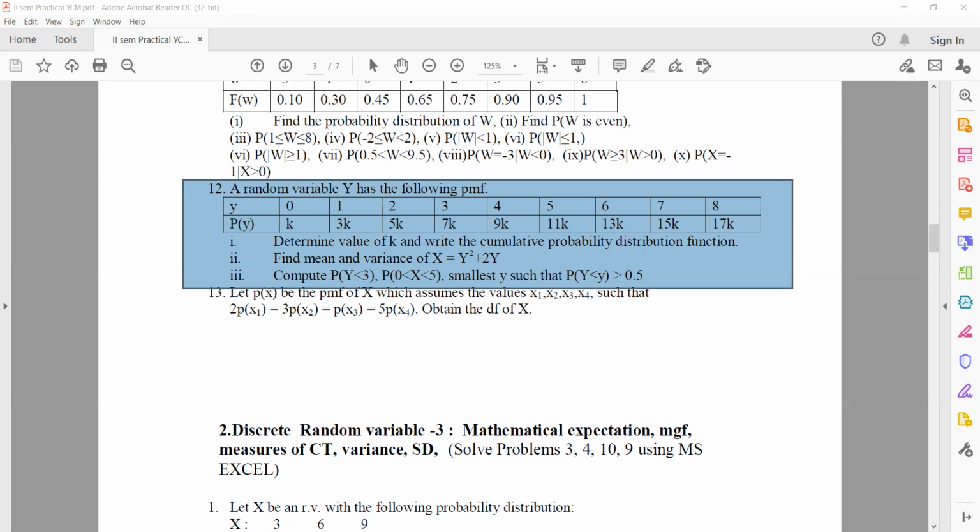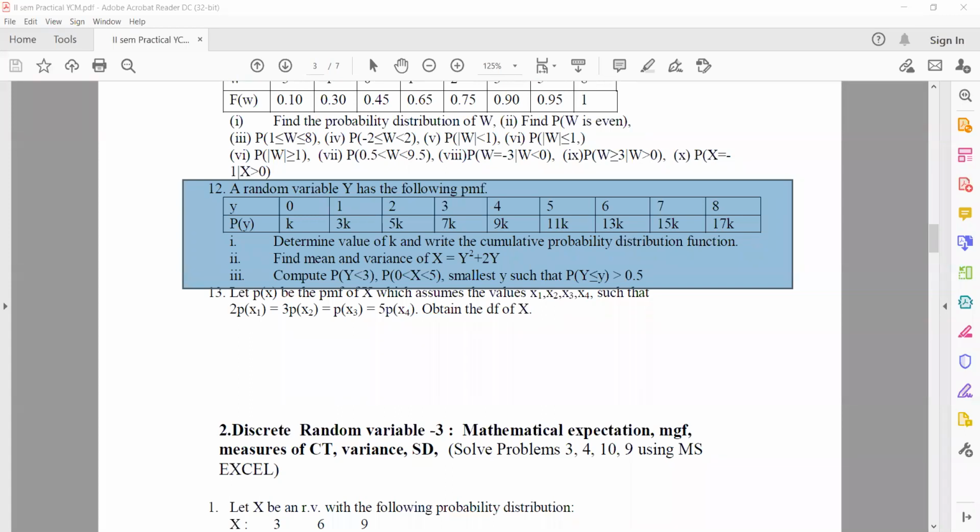So it is 1 by 81, 3 by 81, 5 by 81, 7 by 81, 9 by 81, 11 by 81, 13 by 81, 15 by 81, and 17 by 81.